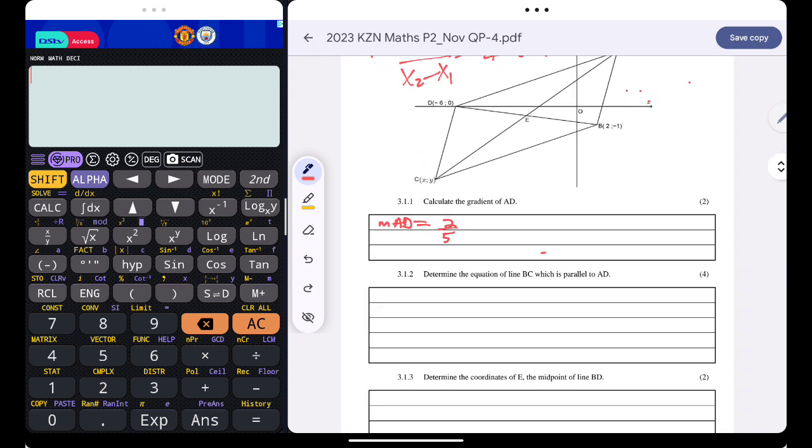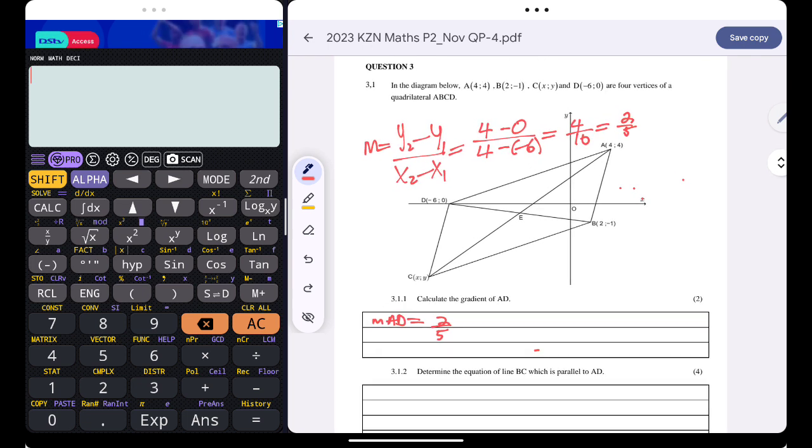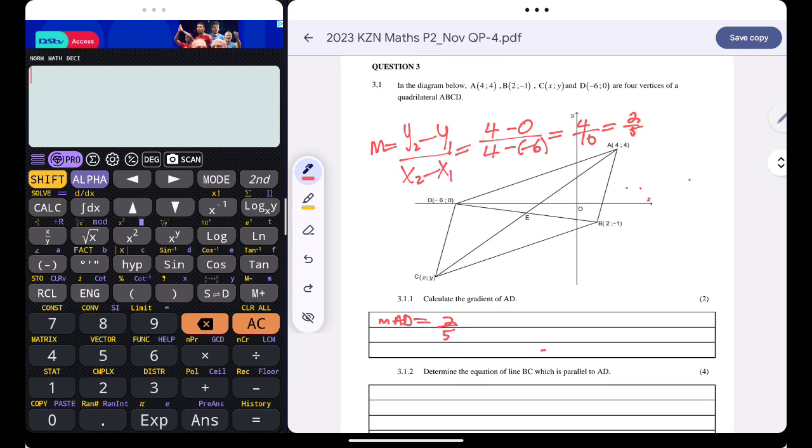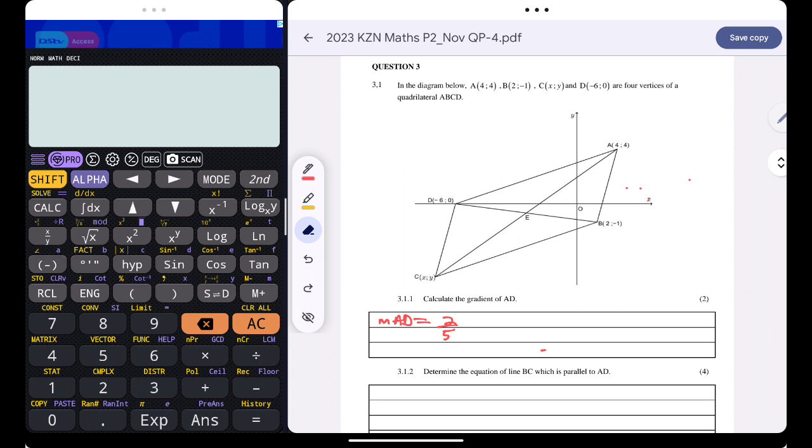Second question, they want me to determine the equation of line BC, which is parallel to line AD. For me to find the equation of a line, I only need 2 things. I need a point and a gradient. Are we together? So if I have those 2 things, I'll simply substitute them in this equation: y minus y1 is equal to m(x minus x1), right?